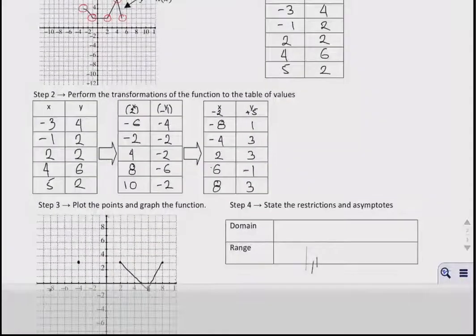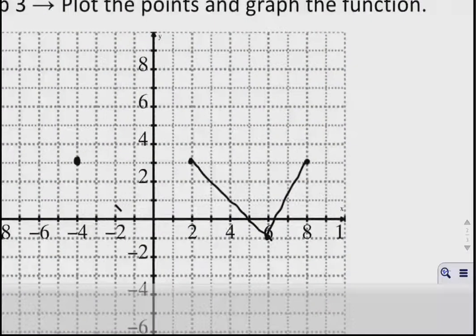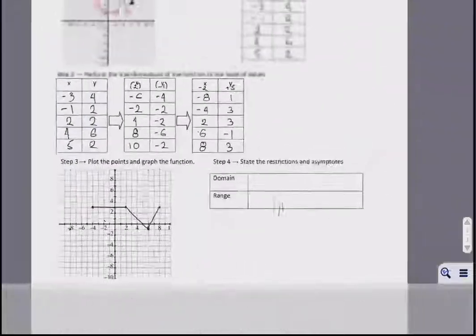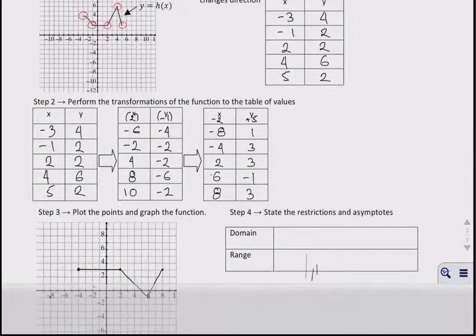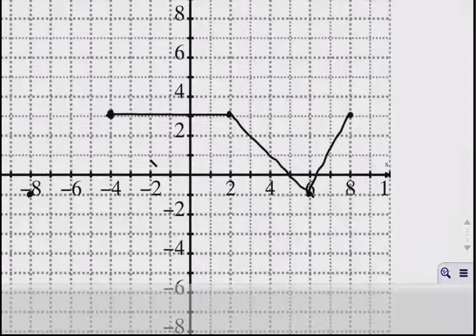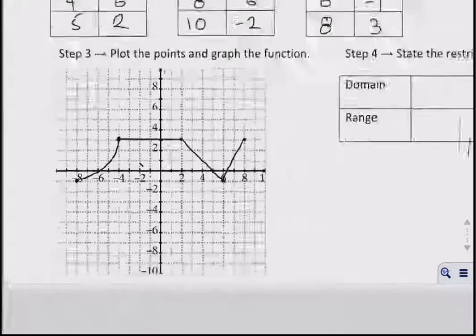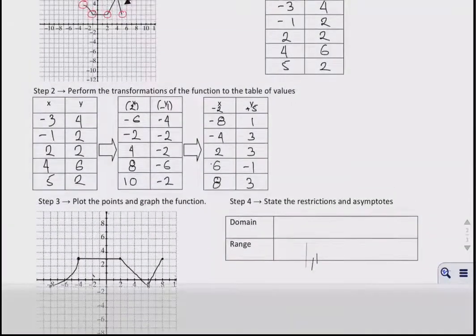Next I have the straight line. So from here to here, I have a straight line. And then finally I have my curved portion, which will look something like this. Okay, it doesn't have to be exact, just a rough idea. And that looks good.